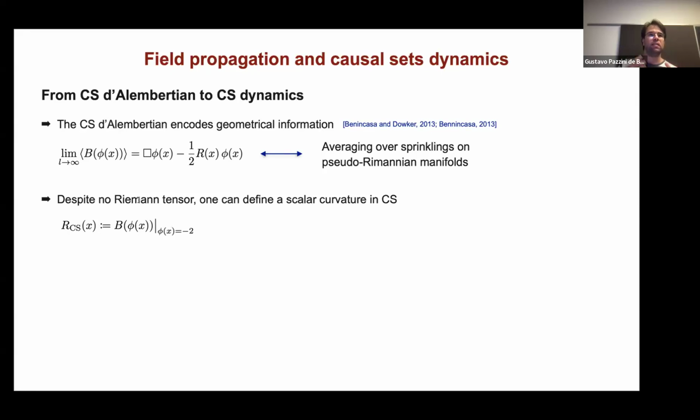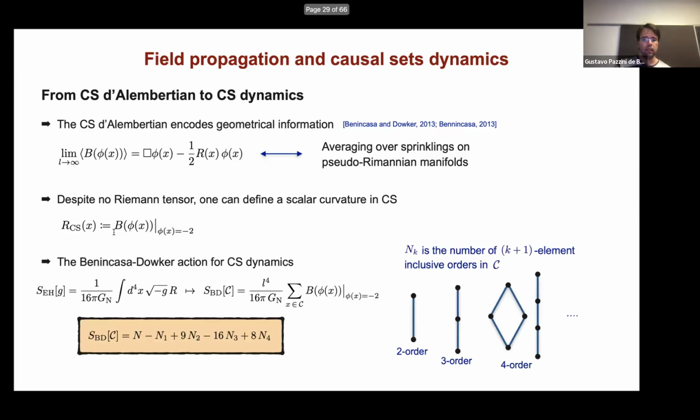So despite no Riemann tensor, we can still extract some information about causal set curvature if we focus on scalar curvature. And this relation here essentially gives the definition of what we call scalar curvature in a causal set.